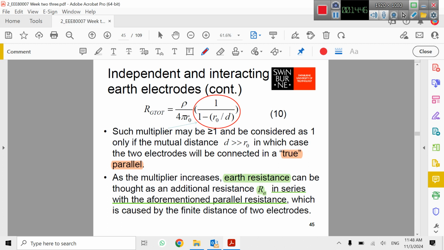So the second term, as we mentioned here, 1 plus R0 divided by D, is considered in the case that we are going for a true parallel connection between two conductors.